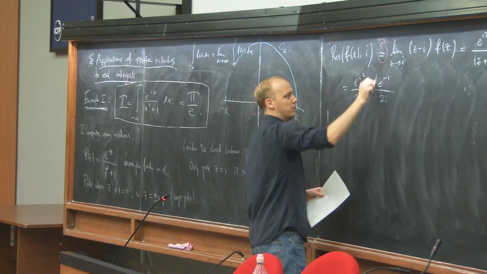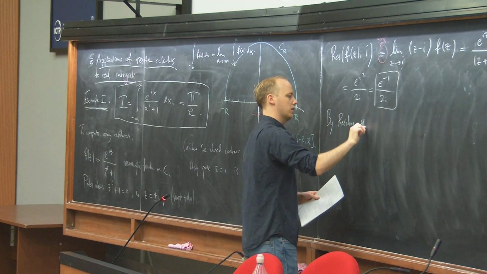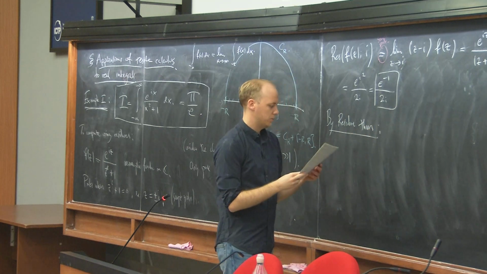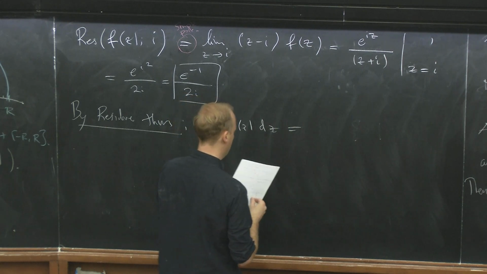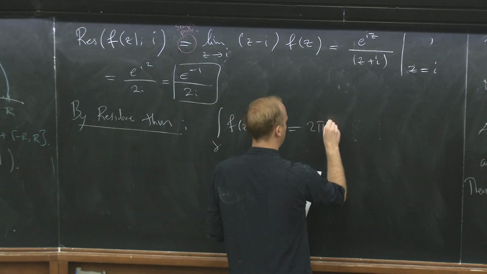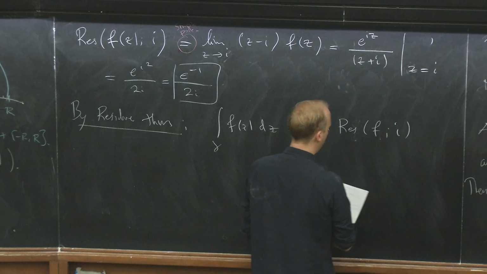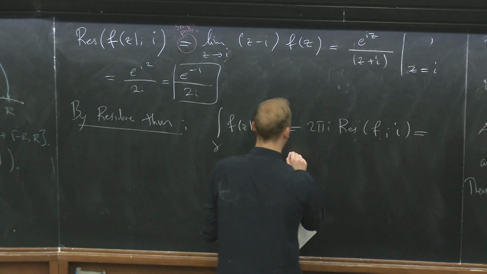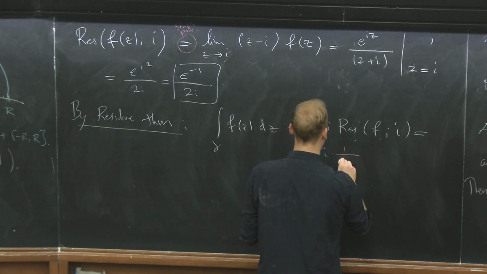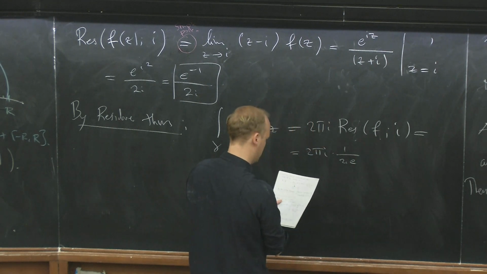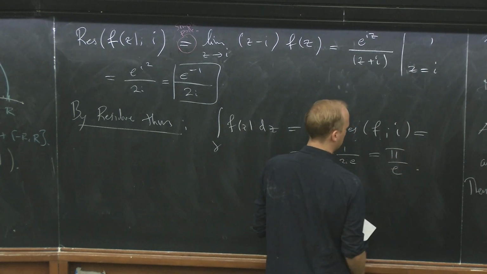Okay, so by the residue theorem, what we get is that the integral along gamma of f of z dz is equal to 2 pi i times the residue of f at i, since we just had a single pole inside. This is then equal to 2 pi i times 1 over 2i e, where the 2i cancel out, and it's equal to pi over e.